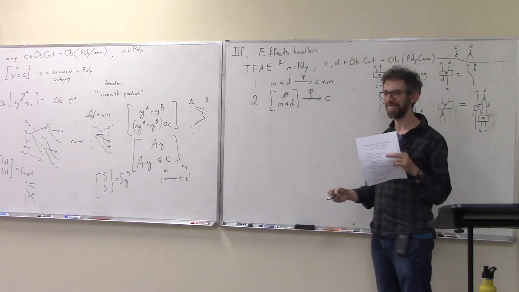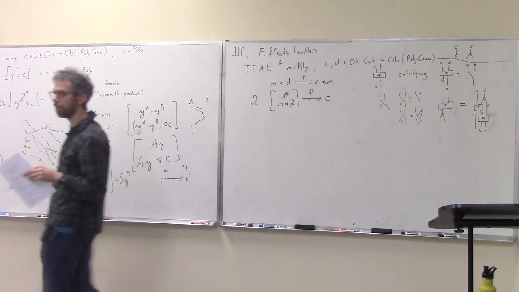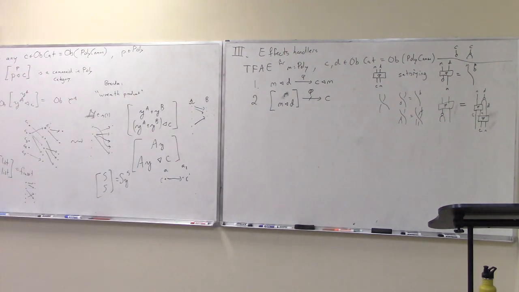Owen, do you want to say anything? Yeah, maybe one way of thinking about it is that I will give a Turing machine example from Owen's blog post in a few minutes.